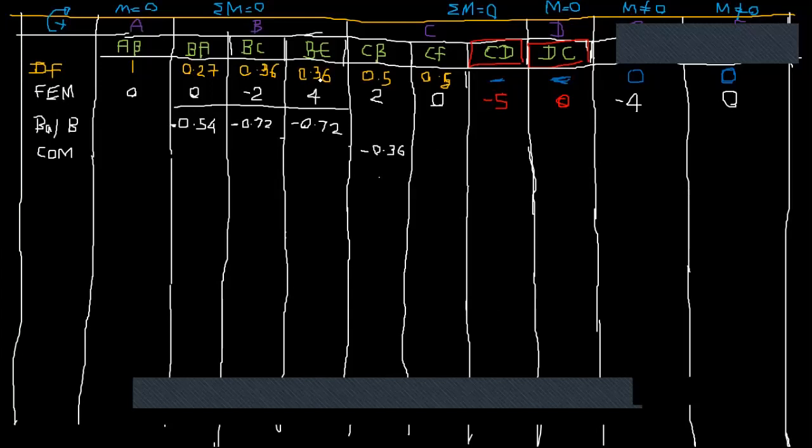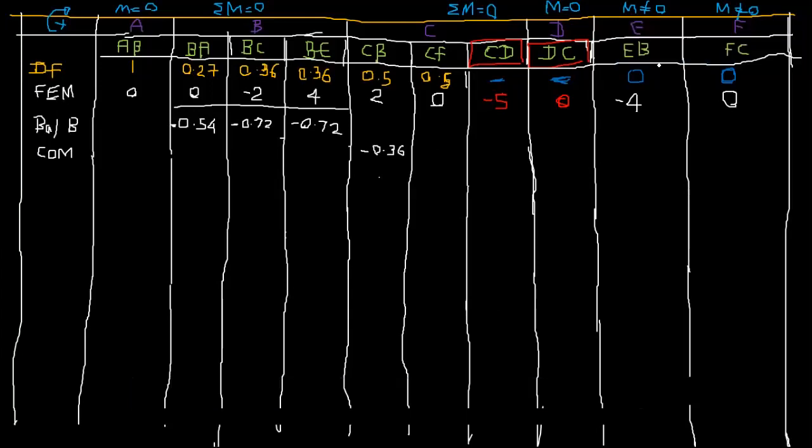Again, BE is continuous and EB is fixed. Carry over is done within the same beam, to the neighbor. BE's neighbor is EB, not anything else. You just need to swap the letters. BC's neighbor is CB, BA's neighbor is AB. It's very easy, right? So BE is continuous and EB is fixed, so you should give half.